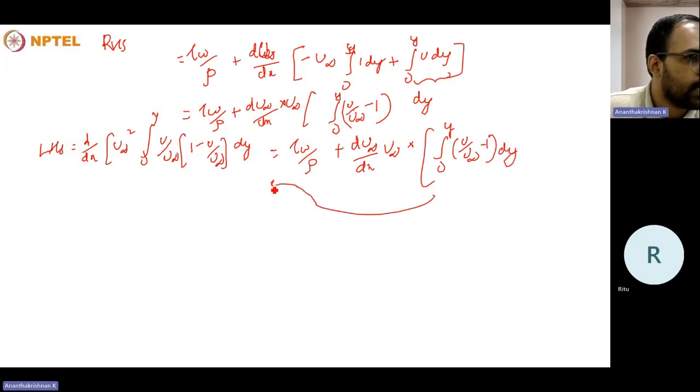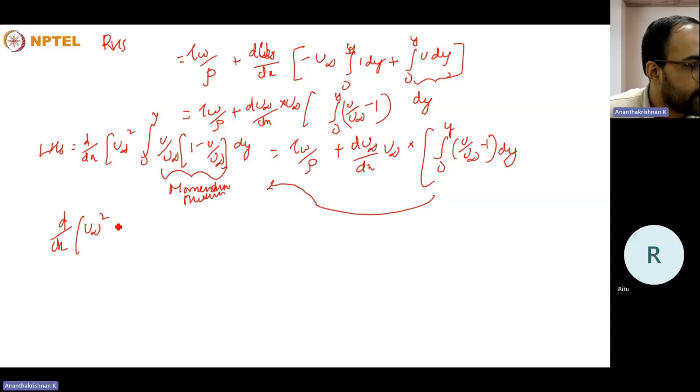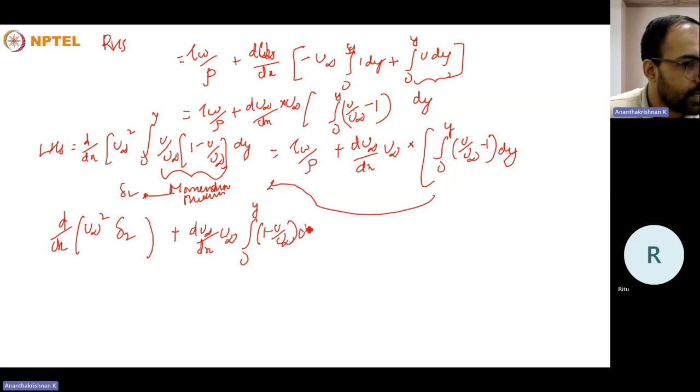So take this term on the left hand side. This corresponds to momentum thickness, which we can denote by delta 2. So d by dx of u infinity squared delta 2, and when we take it to the left hand side, this will become plus du infinity by dx u infinity into integral 0 to y of 1 minus u by u infinity dy.